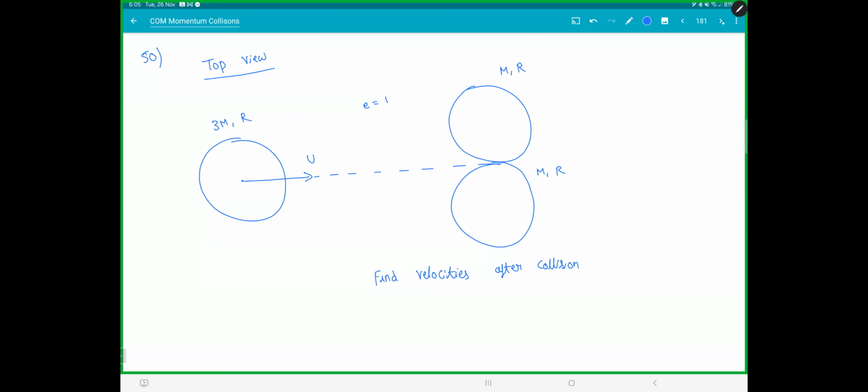Try to solve, don't guess. I'll give you a minute more. It has a little working, but if you remember, the process is still the same. What is step 1? Draw the final velocities. Step 2, resolve the velocities along the normal and perpendicular to the normal and conserve momentum. Step 3, restitution. So the theme is still the same.